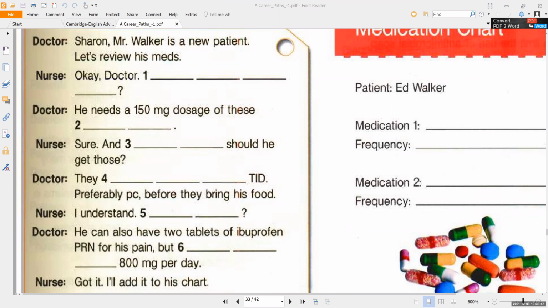Exercises 6 and 7, page 31. Sharon, Mr. Walker is a new patient. Let's review his meds. OK, doctor. What does he need?